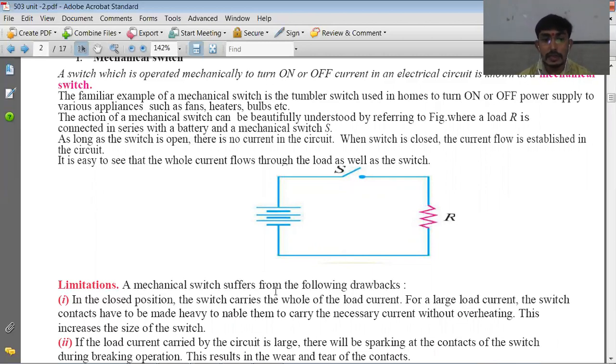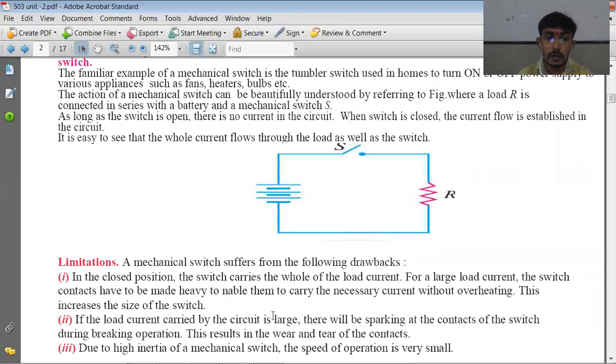Whenever the switch is in the closed position, the whole load current will flow through the switch. So for a large load current, the switch may get damaged, or the contacts have to be heavy, and this will increase the size of the switch.